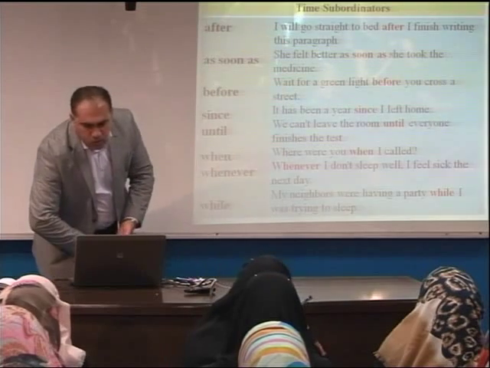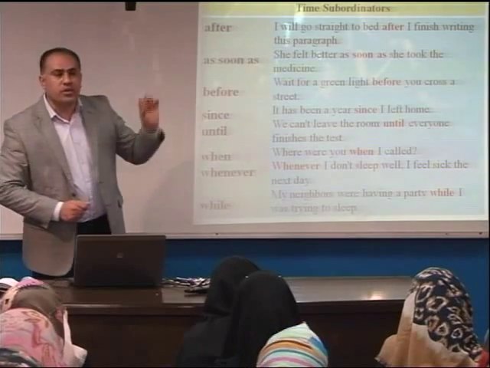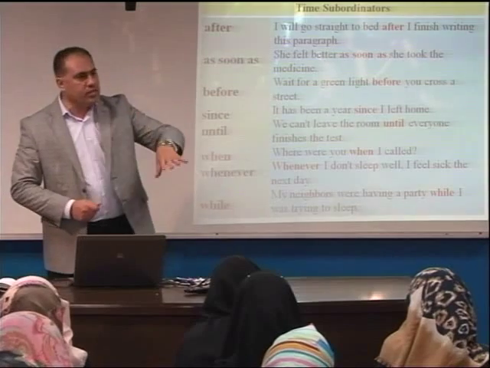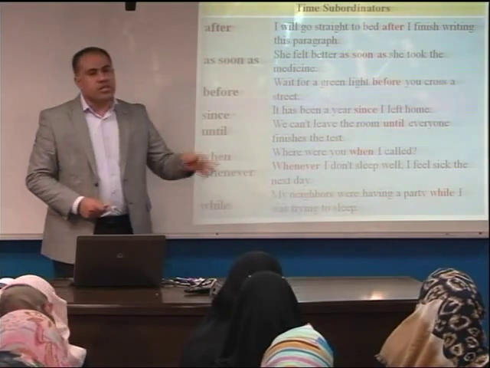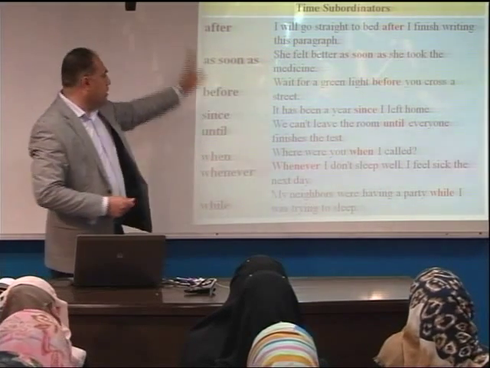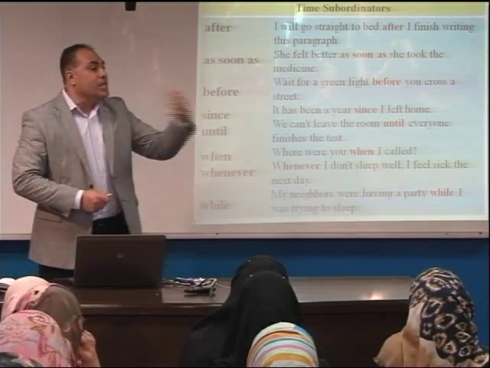Now, what are some of these subordinators that generally start dependent clauses? We have a group of them. We should remember them because every time we see a clause beginning with these subordinators, immediately we have to think that this is a dependent clause, because when they come to a sentence, they make the meaning incomplete.